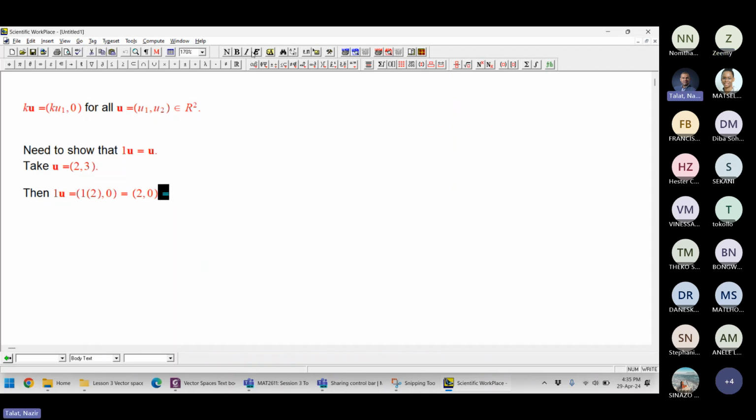It means it does not equal u. But we know that if the given set R square under these two operations is a vector space, then it must fulfill this criteria that 1 times u is equal to u.